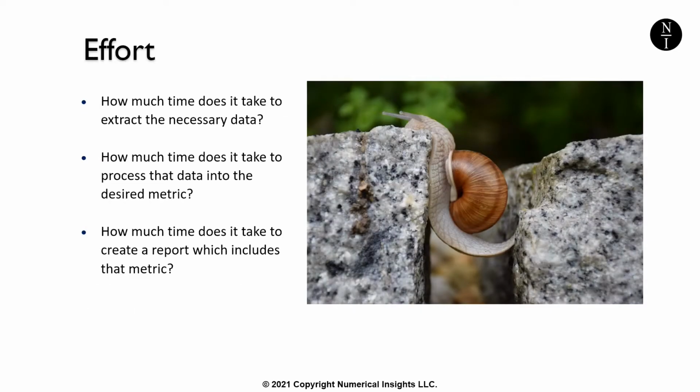In reality, though, it would be quite time-consuming if we decided to determine the effort required by calculating the number of hours it takes to report on each metric. For example, we would have to figure out how much time it takes to extract the necessary data, how much time it takes to process the data into the desired metric, and how much time it takes to create a report which includes that metric.